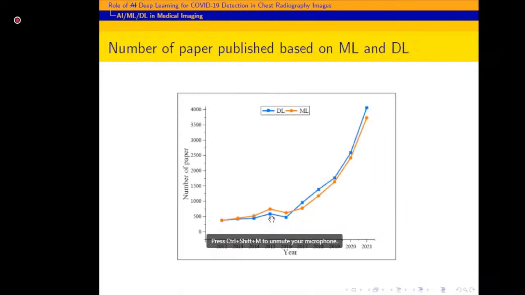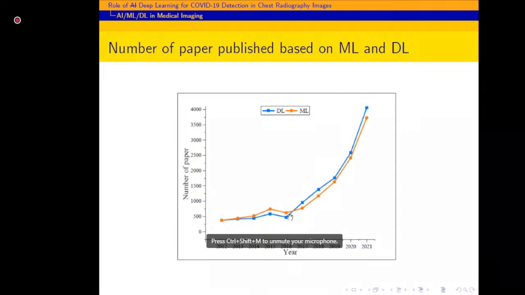From the last couple of slides, I've been talking about the importance of deep learning over machine learning. I would also like to show you one interesting graph which we have derived from the Scopus database. We considered papers published in the last decade, based on machine learning and deep learning in the field of medical image analysis. The blue curve denotes deep learning, and the orange curve denotes machine learning.